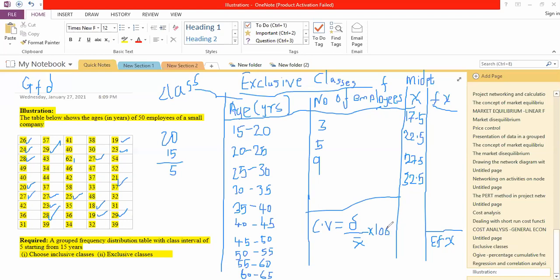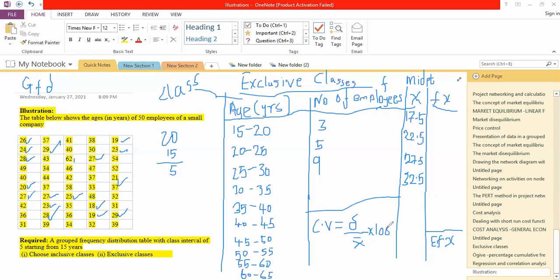If the value CV lies between 0 and 20%, you'll comment that the ages of these workers were so close to each other. In other words, there is a low variation among the ages of the workers in this company. If you find you have a figure of between 51 and 100%, then the comment is that there's a high variation, or rather, the ages of the workers in this organization are far, far away from each other.